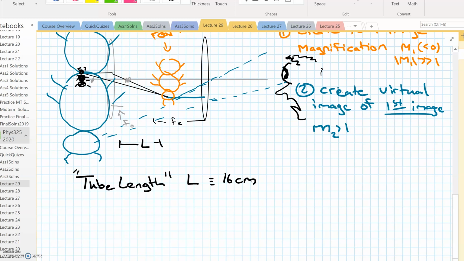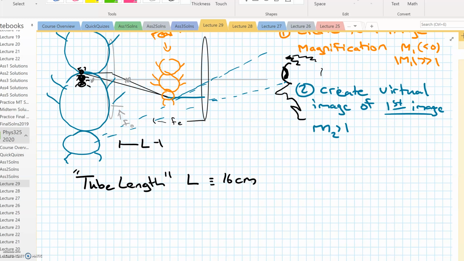Now this is technically the distance between the two foci, but usually the foci are very small compared to this L. And the total magnification is just the product of the magnification of the intermediate image times the magnification from our simple magnifier. So let's try to sketch this out.